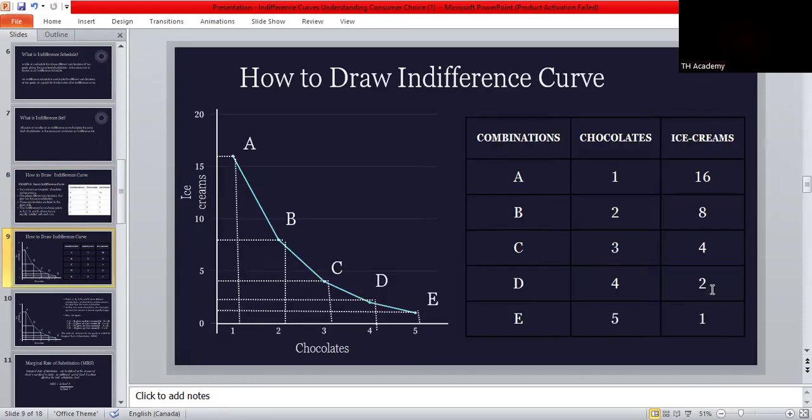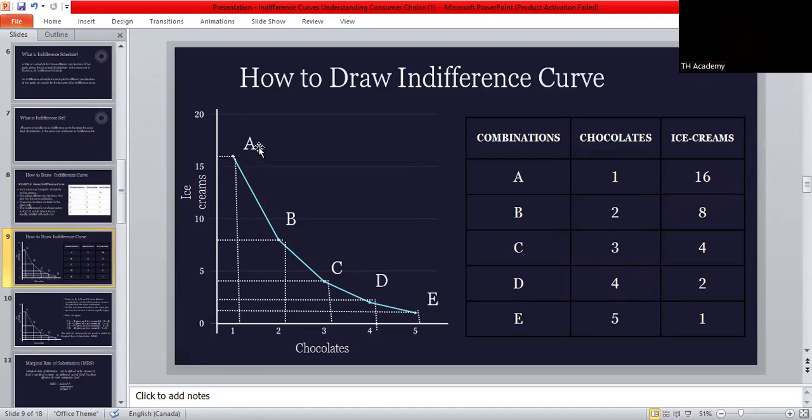Okay. So here's the table. Now, when we plot these points A, B, C, D, and E, we get a smooth downward sloping curve that represents Sara's indifference curve. Each point gives her the same level of happiness with different mixes of chocolates and ice cream. Look at the diagram.